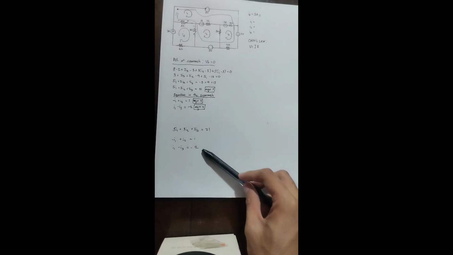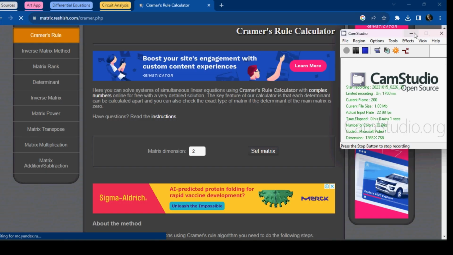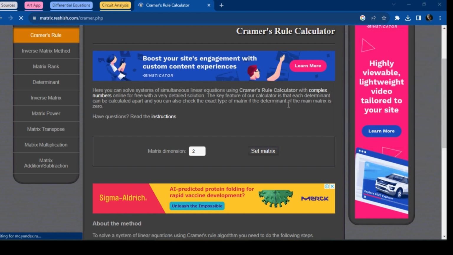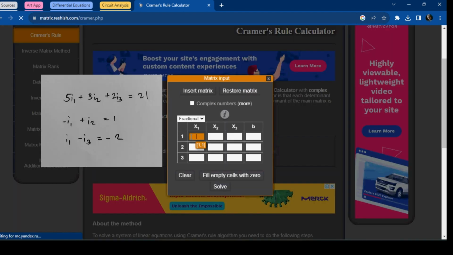Now we will be using a matrix calculator to solve the values of I1, I2 and I3. Here we have an online Cramer's rule calculator to solve our equations. We set it to 3, and then we input the equations we got from earlier. So here we have 5, 3, 2, and then 21.